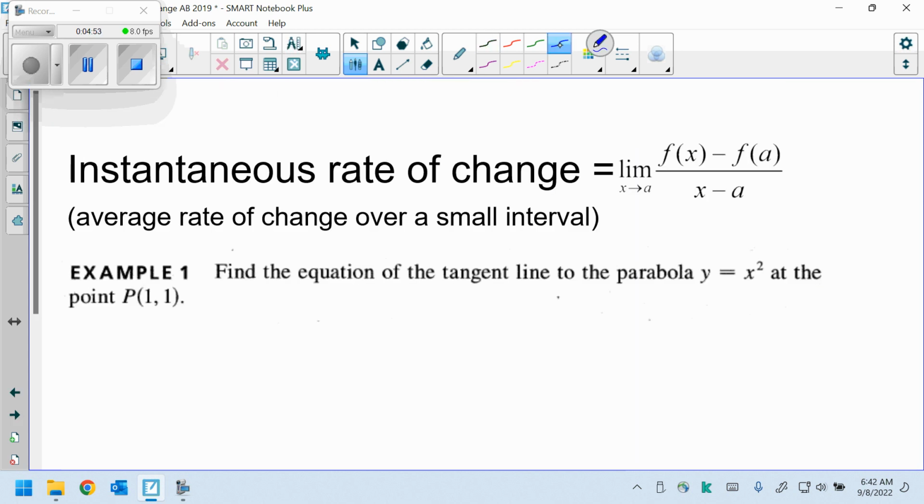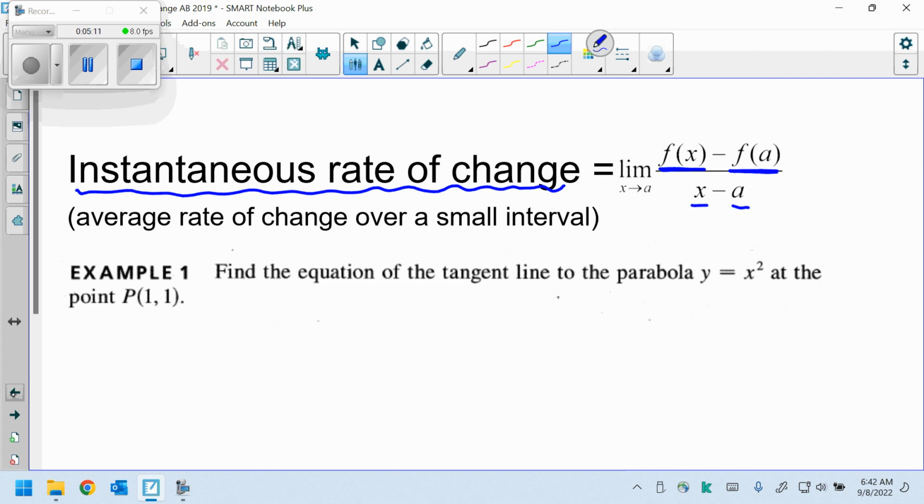So if we're going to find this instantaneous rate of change, here's how we do it. We're going to find a slope by taking y2 minus y1, f of x minus f of a, over x minus a.